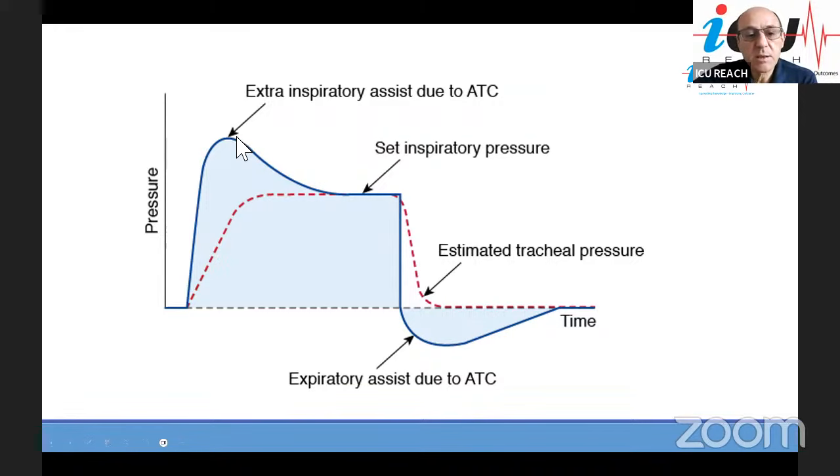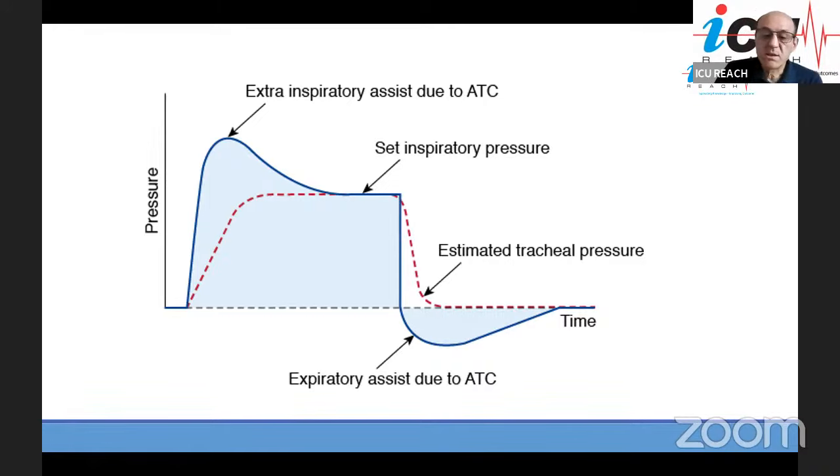And you can see it here. In expiration, we can drop the pressure. So it would be ATC the other way. We can drop the pressure. And by dropping the pressure, we can generate a wider gradient between the alveoli and the airways. So you can help exhaling faster.